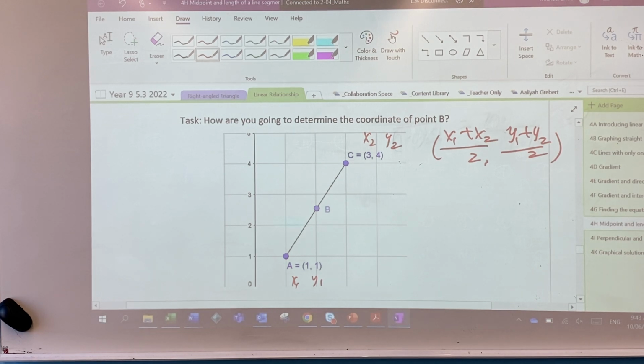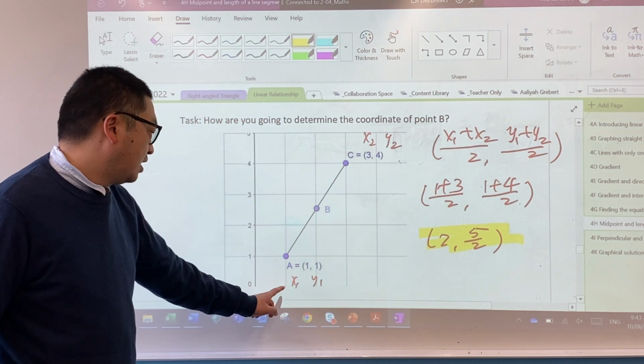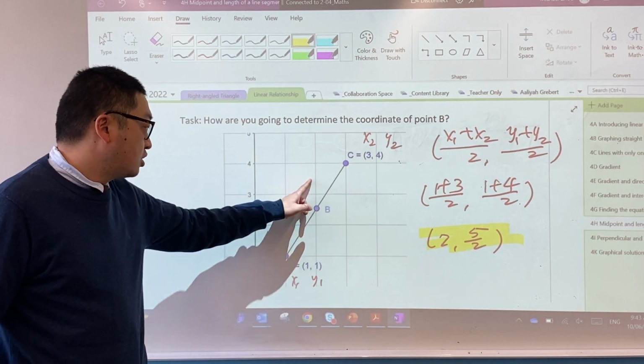So what's x1? Guys, come on, tell me what's x1. 1. What's x2? 3. What's y1? 1. What's y2? 4. Make sense? Always have a quick check when you finish to see if your answer makes sense. 2, 2.5. 1, 2, and 3, 2.5.